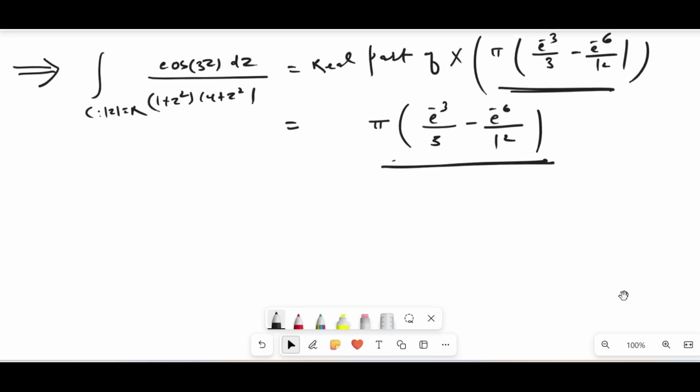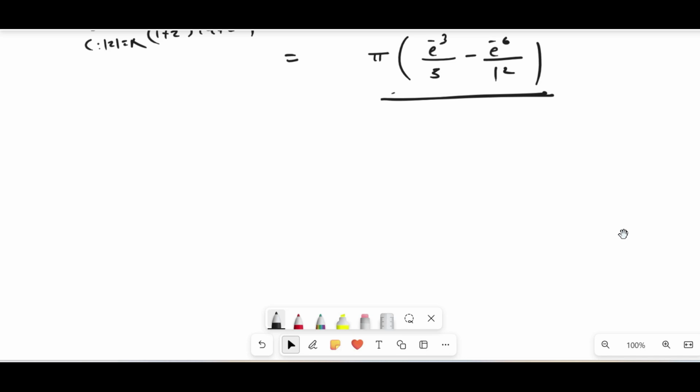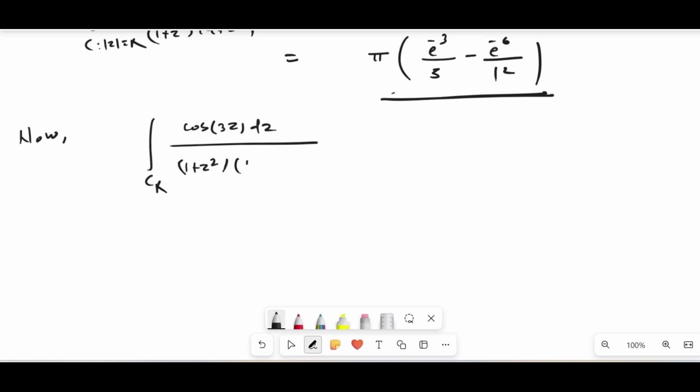So now further we need to find the value of the line integral over the curve C of r, cos of 3z dz over 1 plus z square and 4 plus z square.